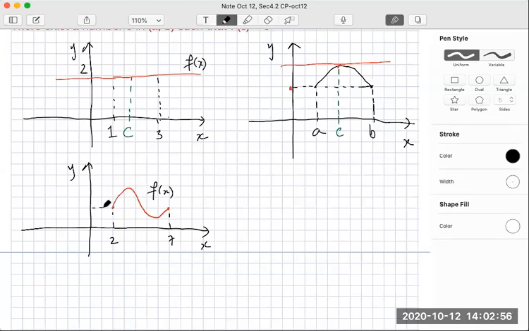And the points a and b now are 2 and 7. First, is it continuous? Yes.